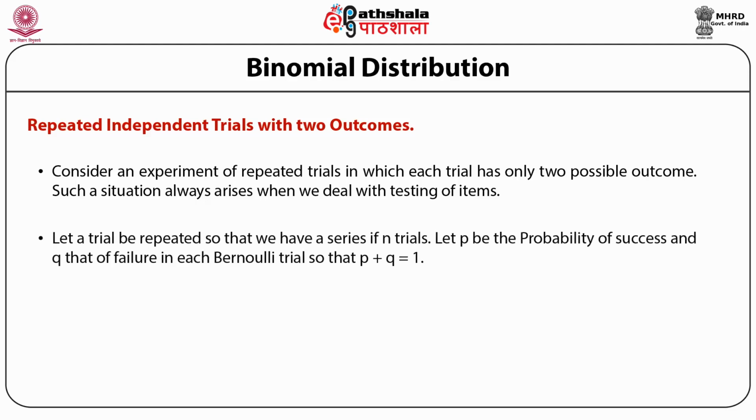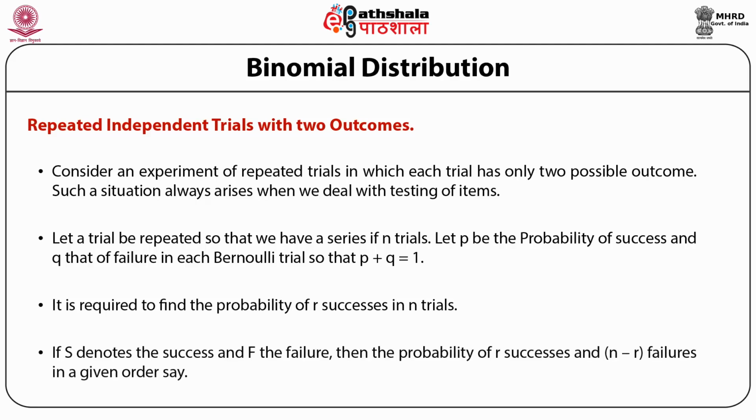Let a trial be repeated so that we have a series. If n trials are there, let p be the probability of success and q be the probability of failure in each Bernoulli trial, so that p plus q is equal to 1. Bernoulli trials is named after Swiss mathematician Jacob Bernoulli, and it is required to find the probability of r successes in n trials.